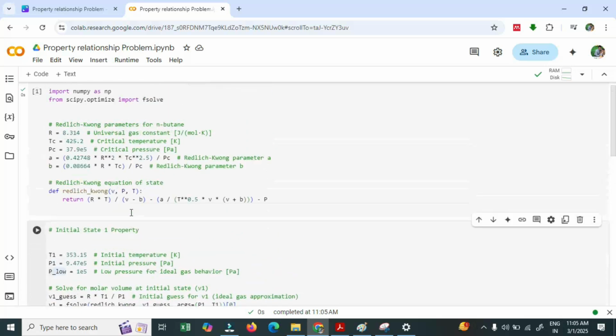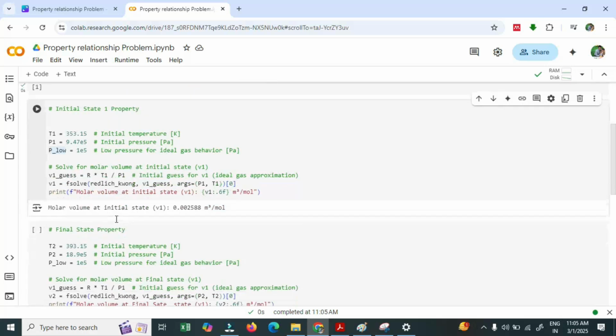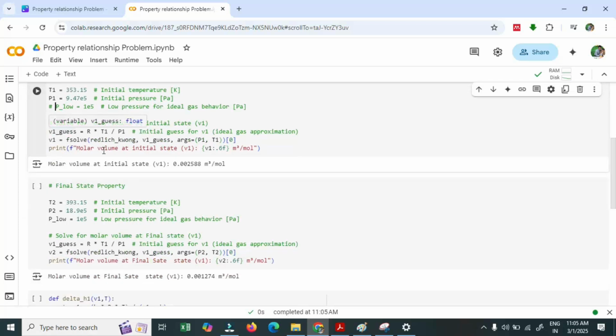You can refer to it. And with that, I get the initial volume V1 equal to 0.02588 meter cube per mole. That's what I have for V1.